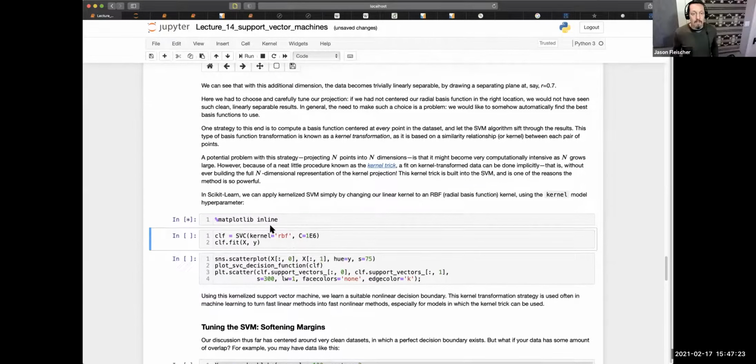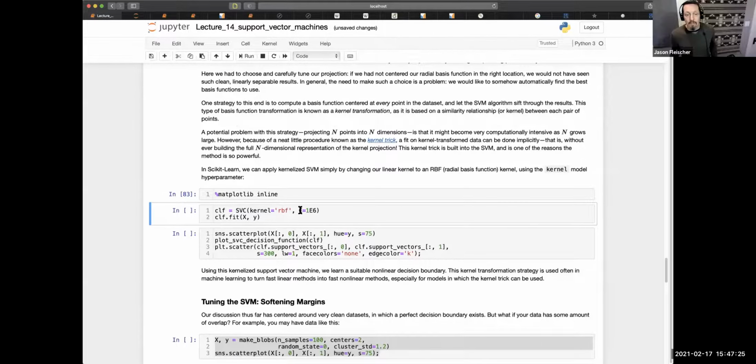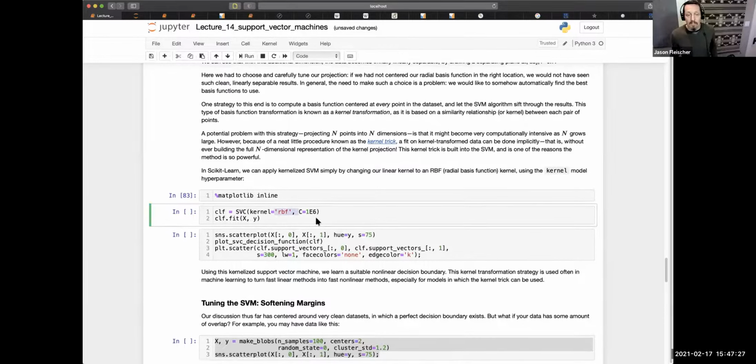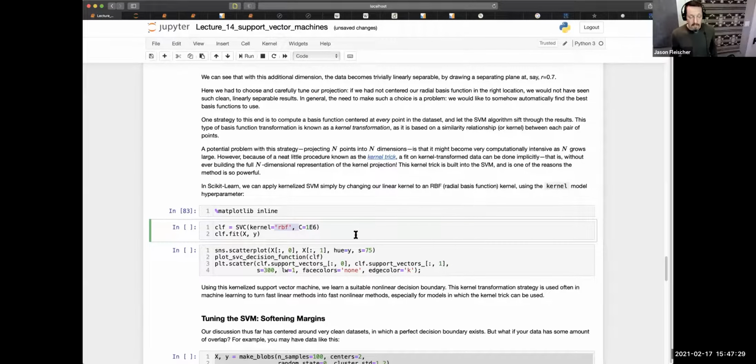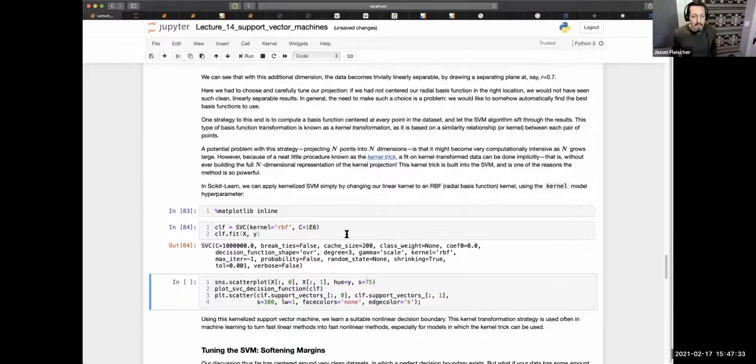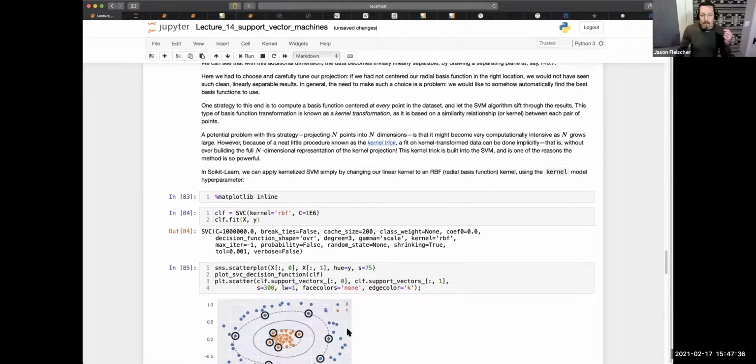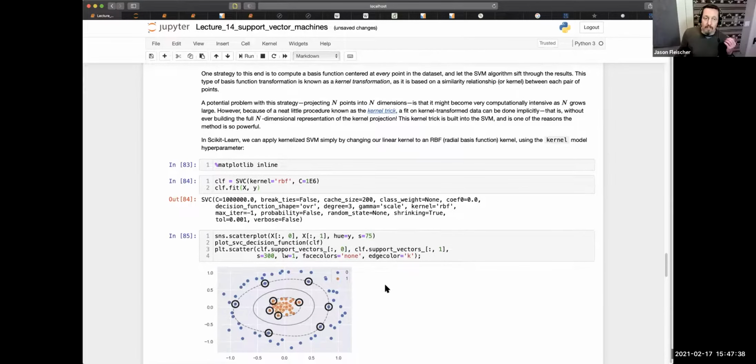So guess what? A radial basis function can work here too, right? What the radial basis function is doing is different than the polynomial projection we just saw.